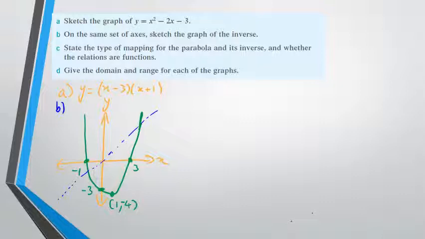So then we have a 3 here, -1. 1, 4 becomes -4, 1. So -4 is here, and then 1 is there. And then this will also go through -3. So then it looks something like this.